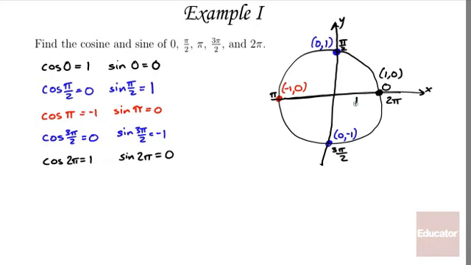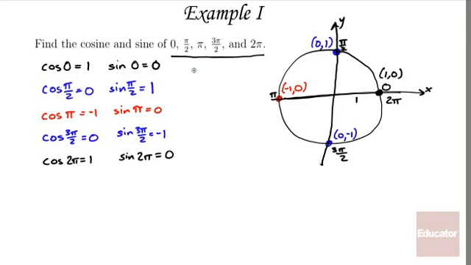By the way, these are very common values: 0, pi over 2, pi, 3 pi over 2, and 2 pi. You should really know the sines and cosines of all of these angles by heart. They come up so often in trigonometry contexts that it's worth memorizing them and being able to regurgitate them very quickly.